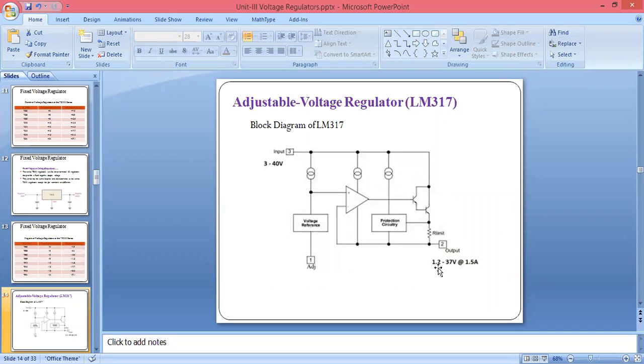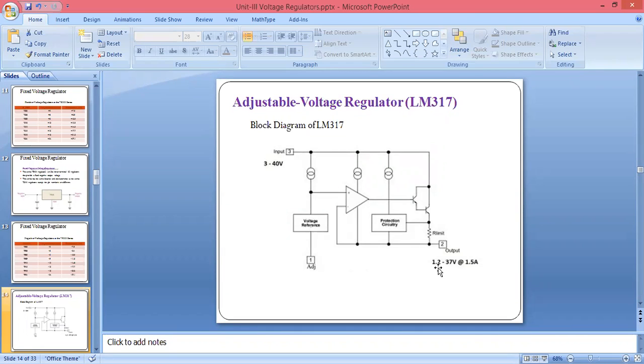So what we can say, by using the LM317 voltage regulator, we can produce desired positive voltage that will have a variable range from 1.2 volt to 37 volt. So here we can use LM317.